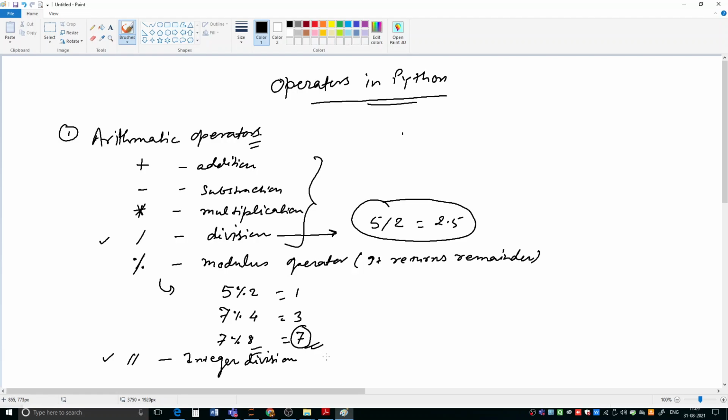What does it mean? If you are dividing 5 and 2, here you have got 2.5. But if you are doing 5 integer division 2, what will be the value?